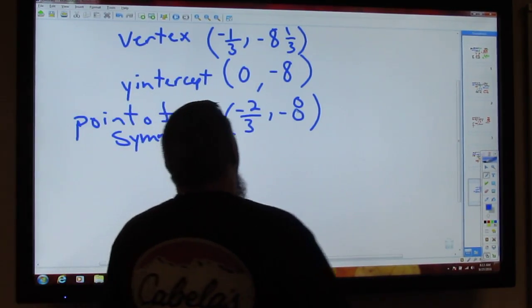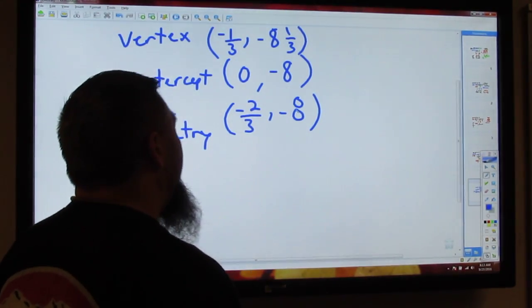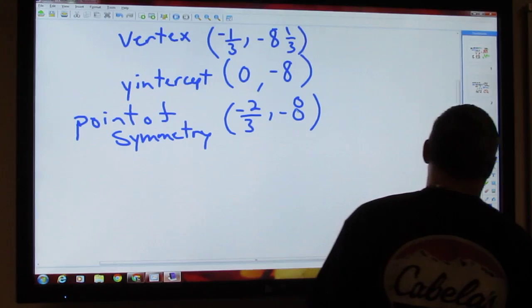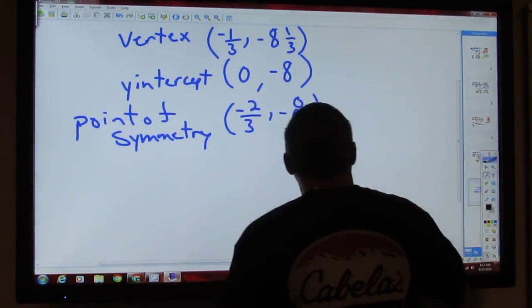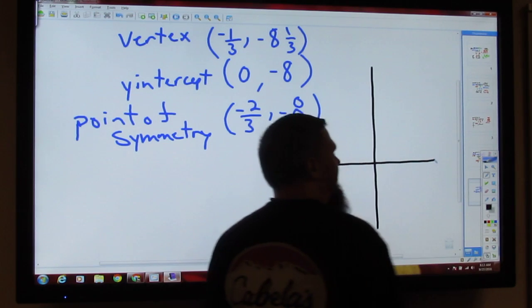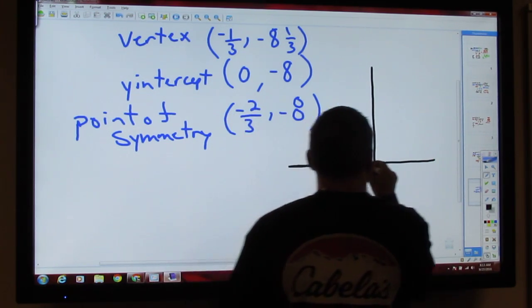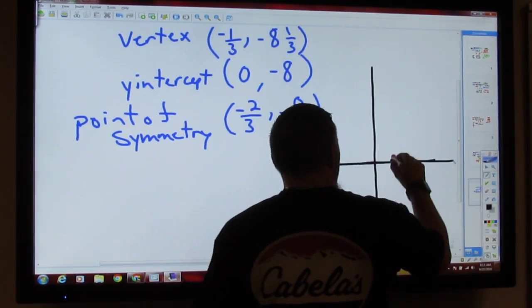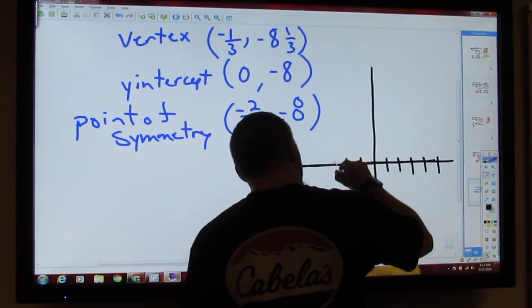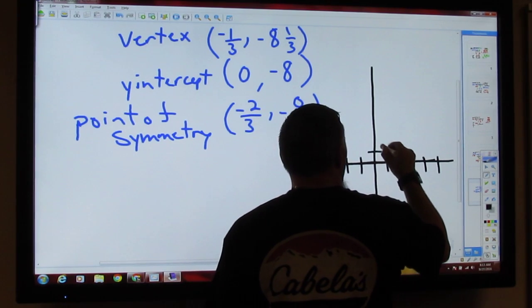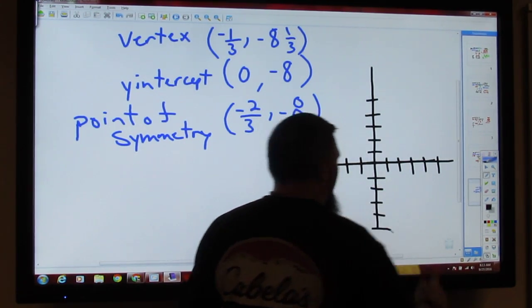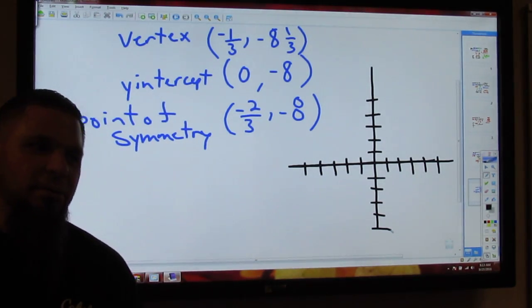Now I got to graph this. This is the fun part. How do I graph this? A lot of you get confused. You make this graph, a beautiful graph, and then you count 1, 2, 3, 4, 5, and again, and whatever, okay?